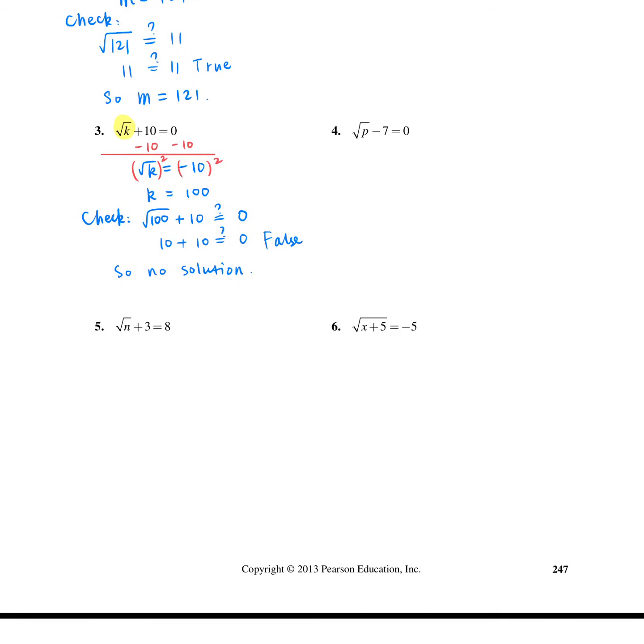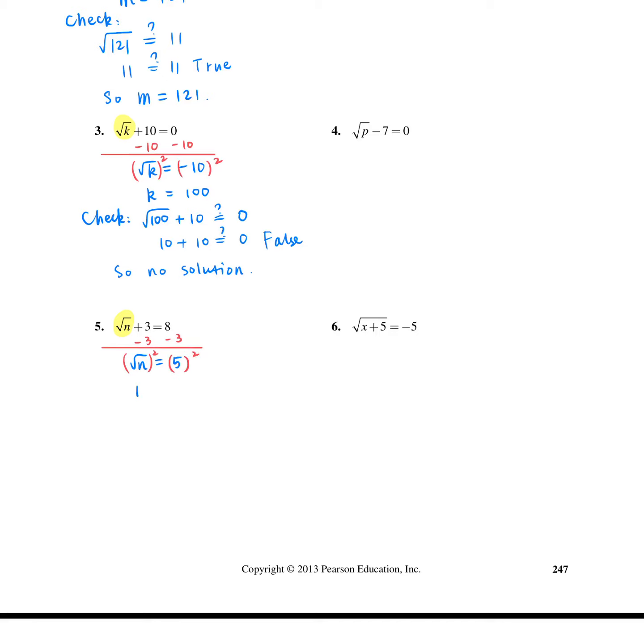Number 5. Radical n plus 3 equals 8. So same idea, our radical part is right here. We have to isolate this part. Get rid of that plus 3 by performing inverse operations on both sides. And we have radical n equals 5. Perform inverse operations again, we have to square both sides.